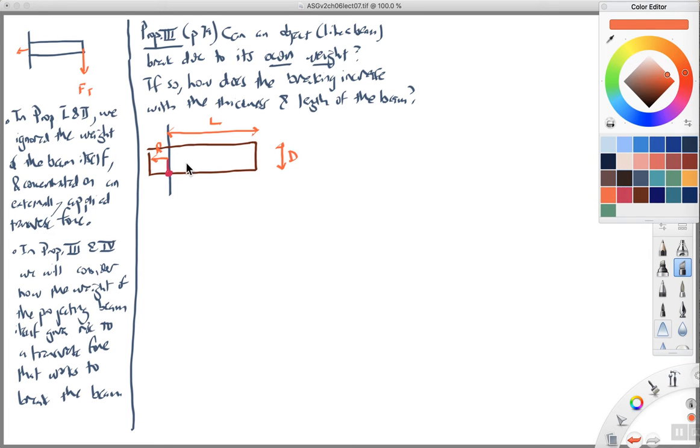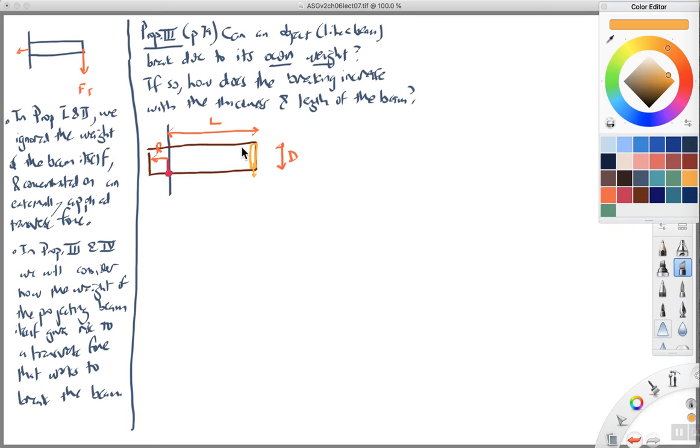Okay, now notice that the beam is extended out, so each little slice of the beam, if we think about the various distances from the fulcrum, each slice has its own weight and is applying its own torque or moment trying to break the beam. So this little slice right here has its weight, and it is applying a downward force, a weight, that is the distance from here to here, so that's applying its moment.